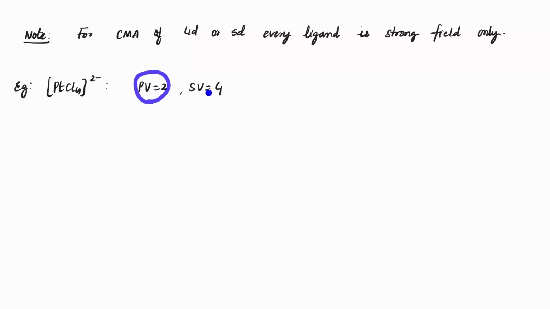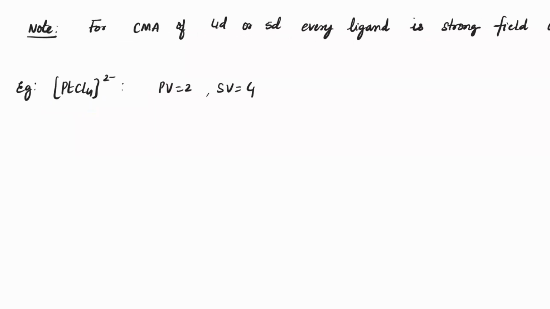In the platinum case, the primary valency is 2 and the secondary valency is 4. Platinum is coming from the sixth period, so it will have xenon, then 6s2 and 5d8.